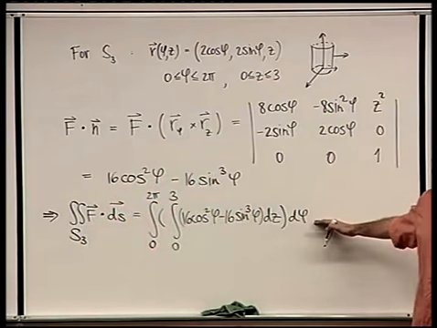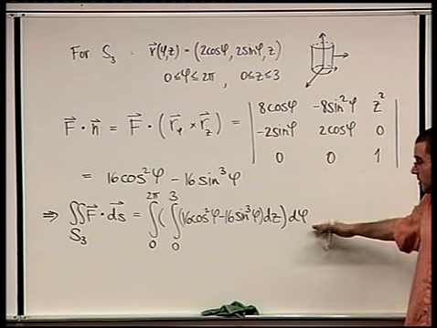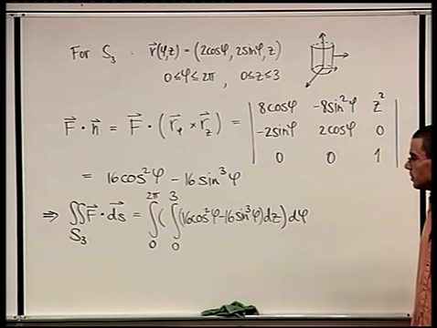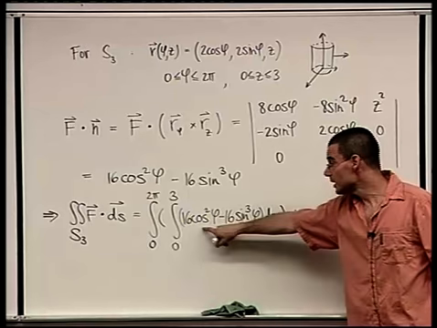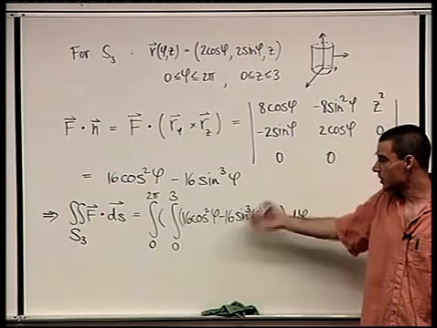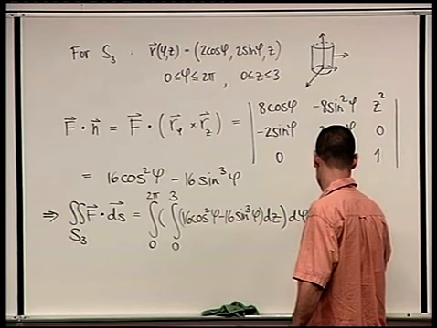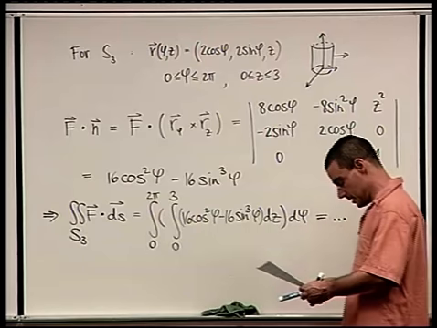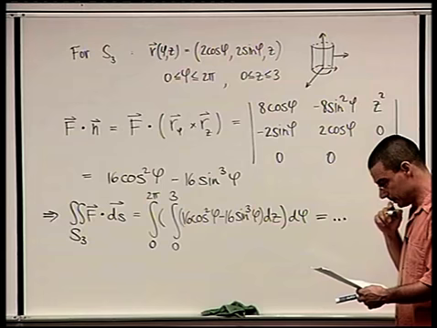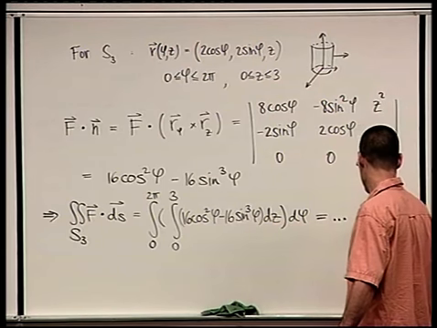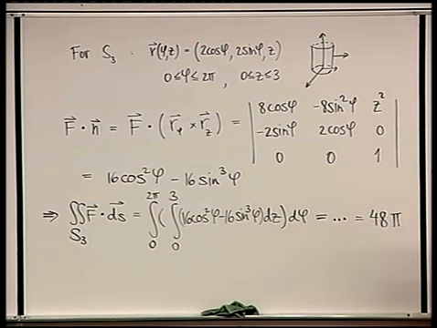And this is what you need to calculate. Good? The z integral just contributes a 3, right? And then you need to calculate this, and it's again trig functions, and you need to find the antiderivatives. So I'm going to put a dot, and tell you what you get, and you can fill in the details on your own. You're going to get 48 pi. Good?